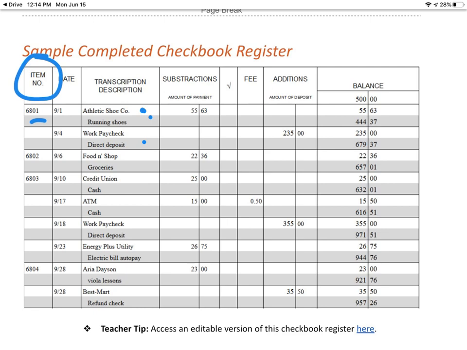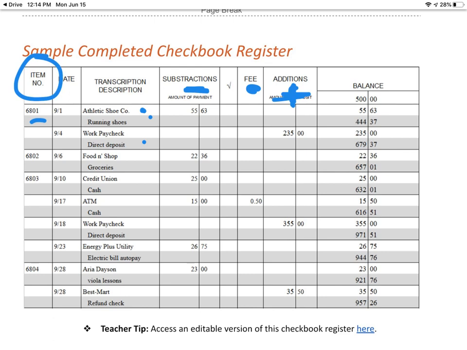I'd put their name or something. Anyways, this is money coming out of your account, so stuff that is going to be subtracted from your account. And then, are there any fees that happen? So let's say you go to the ATM to pull out some cash and they charge you a $2 fee, you would record the fee. This is money going into your account, so this would be like your paychecks or maybe your birthday money or stuff like that.